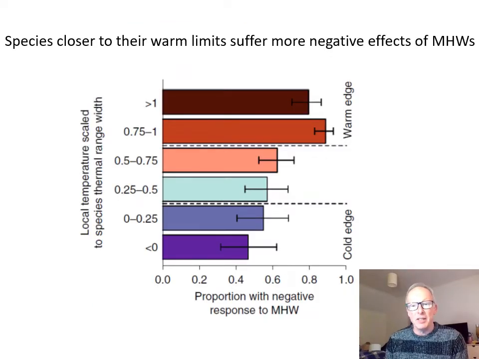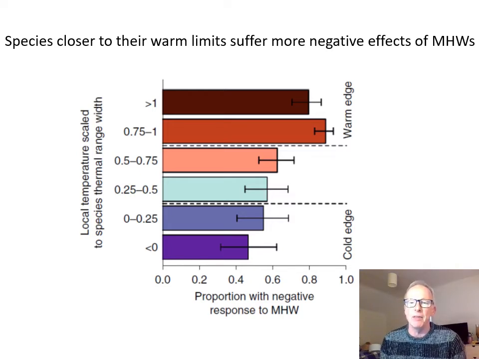As part of our analysis, we looked at where the reported effect of the heat wave had occurred in relation to the geographical range of each species in the survey. And what was very clear was that heat waves had a much more negative impact on species if those species were close to the warm edge of their geographical ranges.